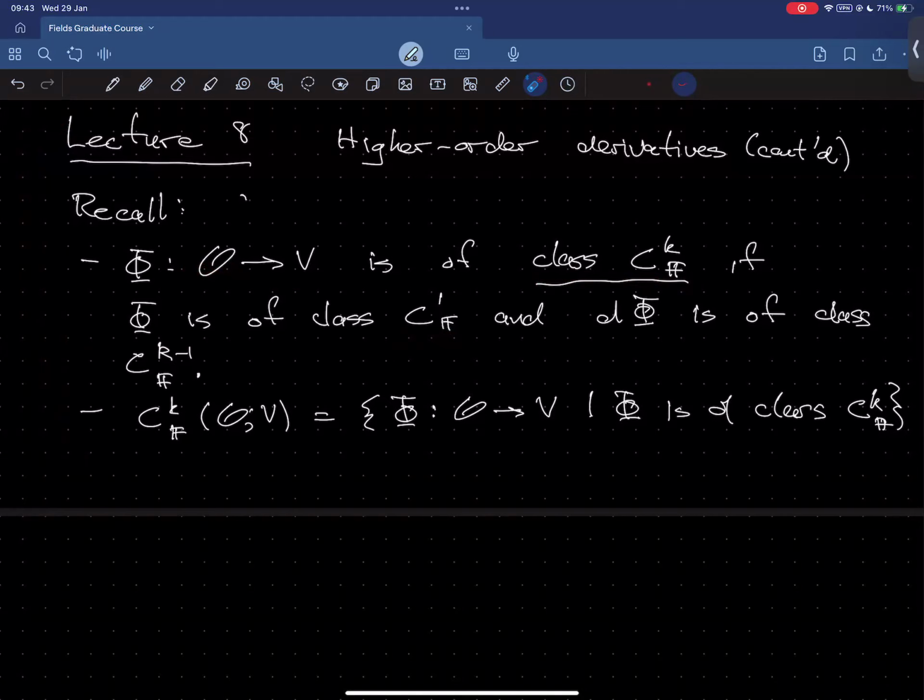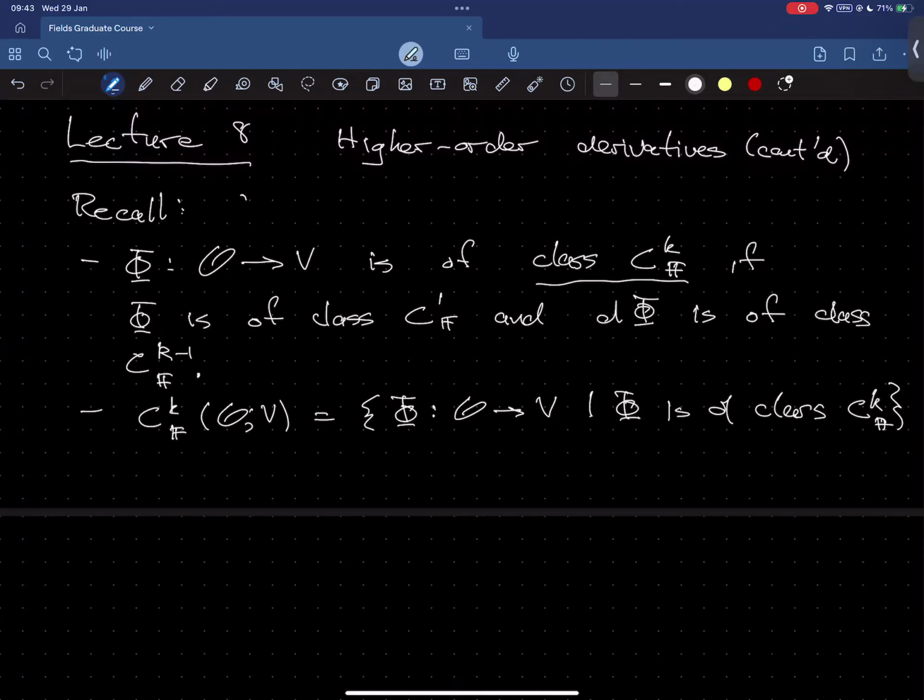And so this is a kind of bootstrapping definition. So we already know what it means for something to be of class C^1. And so what this definition says is that it's class C^2 if it's class C^1, and its first derivative, d phi, is of class C^1. And then similarly, you go on to class C^3, means that d phi is of class C^2. And so the definition bootstraps like this.